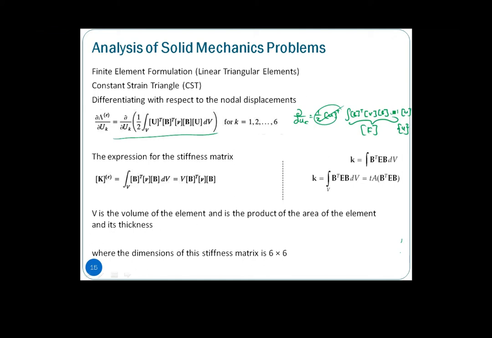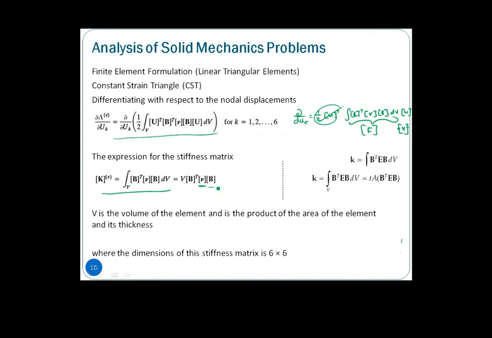So here, the stiffness matrix, we know is basically given by this. It is the volume of the element multiplied by B transpose E, our material properties in terms of Young's modulus as well as our Poisson ratio that we derived just now under plane stress conditions, multiplied by B itself.